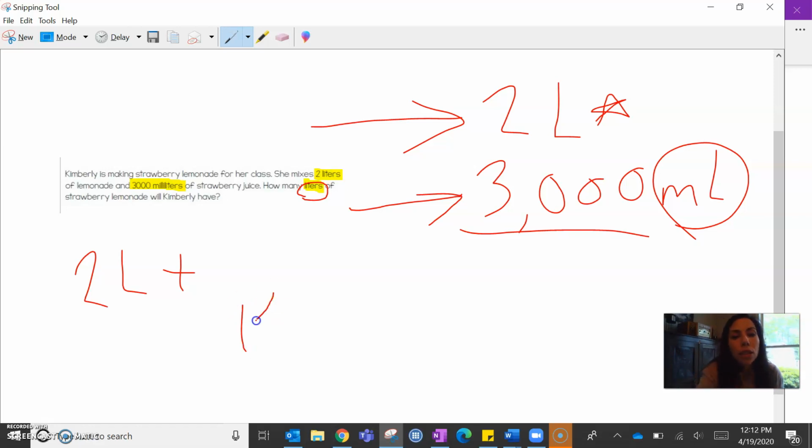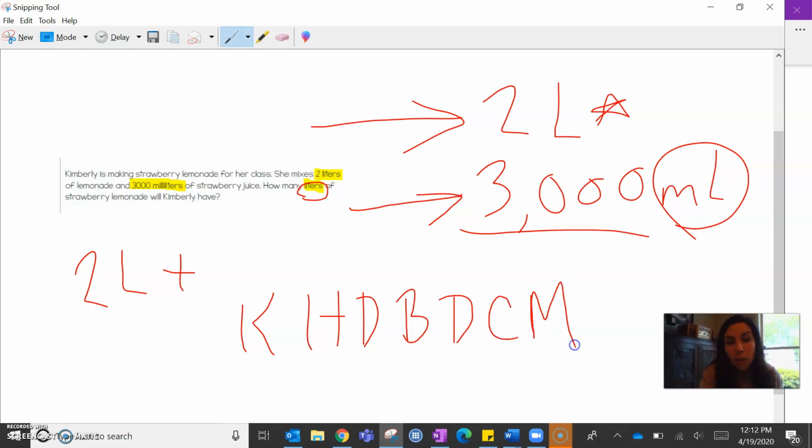So if we do King Henry died by drinking chocolate milk, we know that milliliters is going to be right here. Here's milli, and that's what we're starting at. We're starting at milliliters.